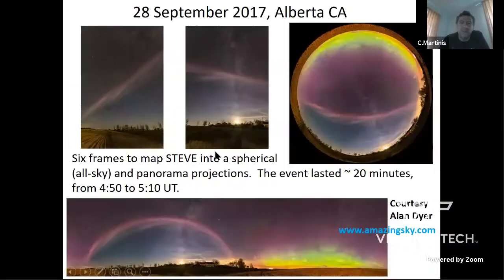If I can move. There you go. So let's start with this beautiful picture from Alberta, Canada, one of the citizen scientist photographs. In this event, individual frames were taken on the night of 28 September 2017, and Alan made an all-sky panorama view.